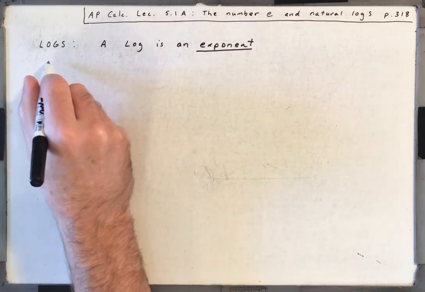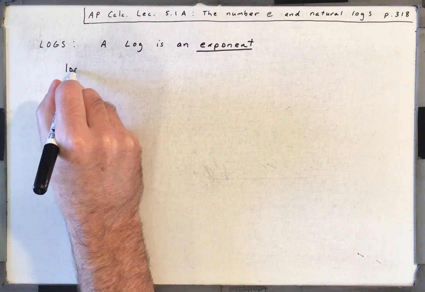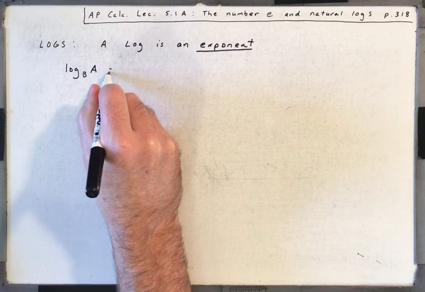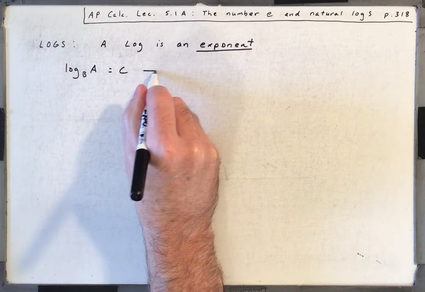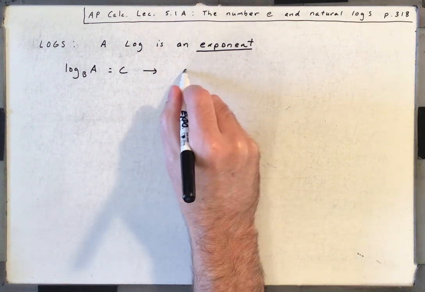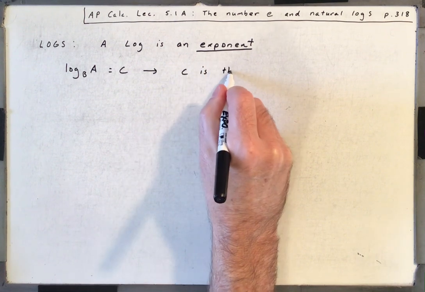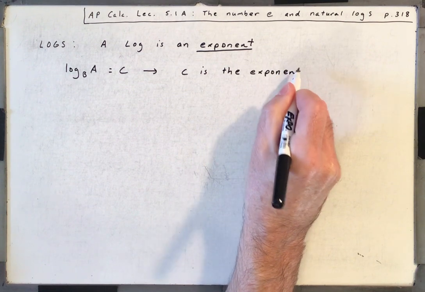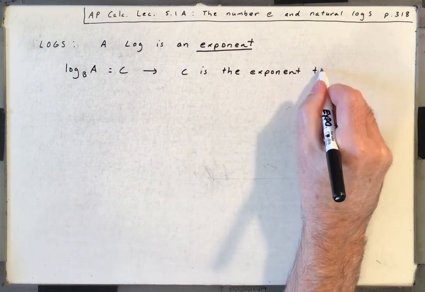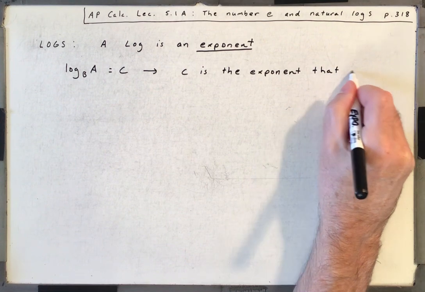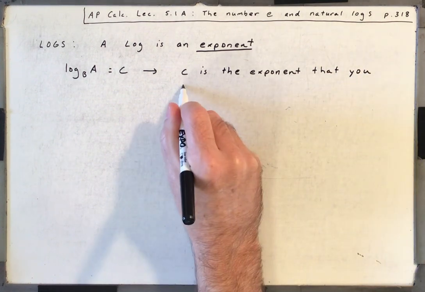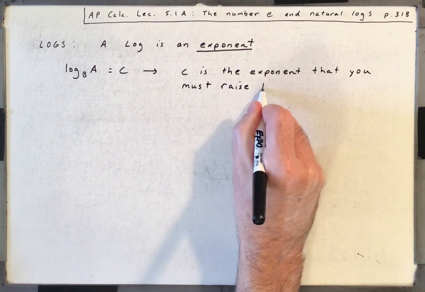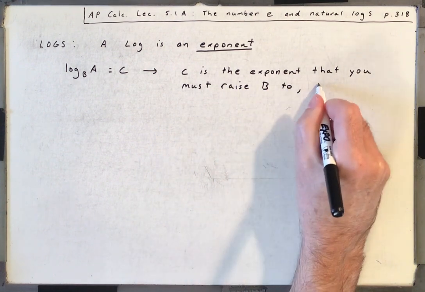So if we have log base b of a is equal to c, what we're saying there is c is the exponent that you must raise b to get a.